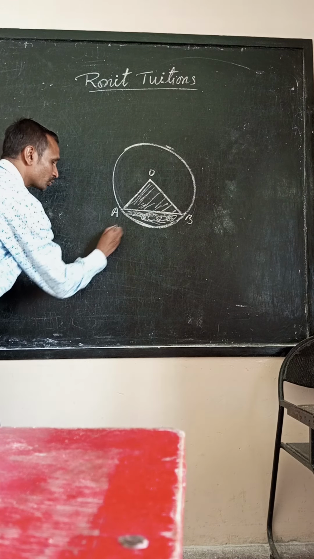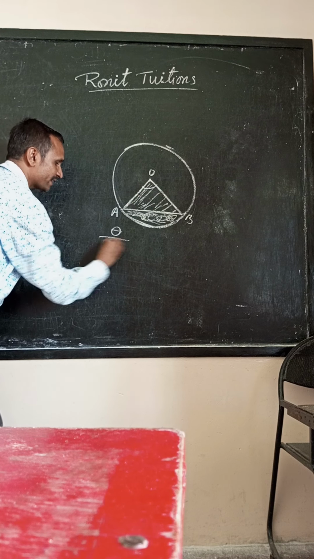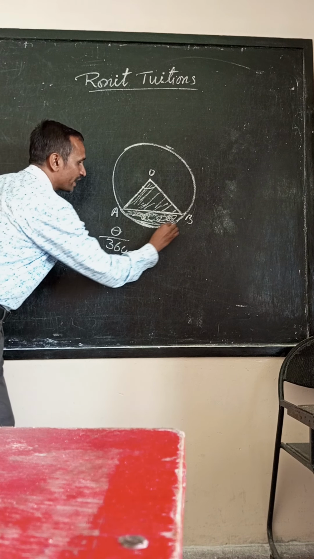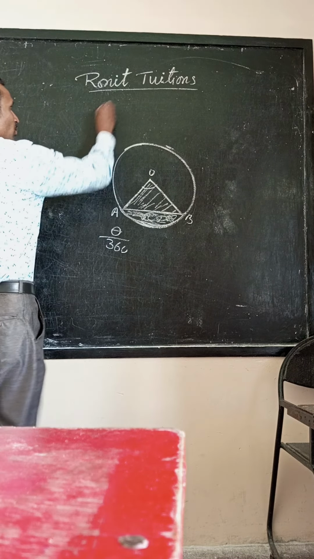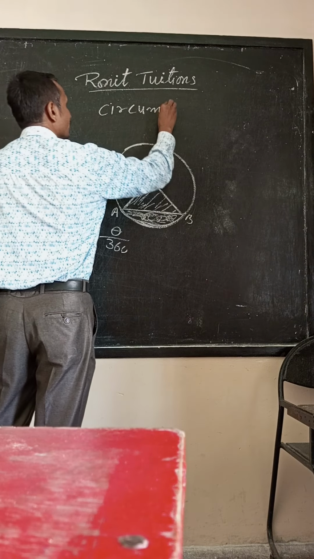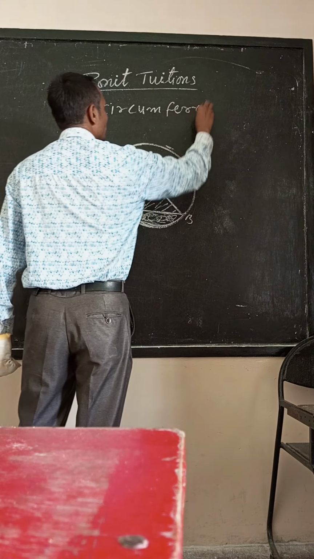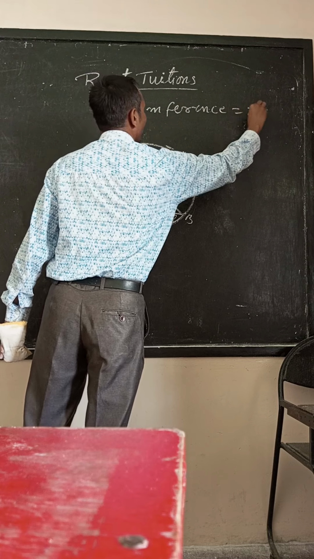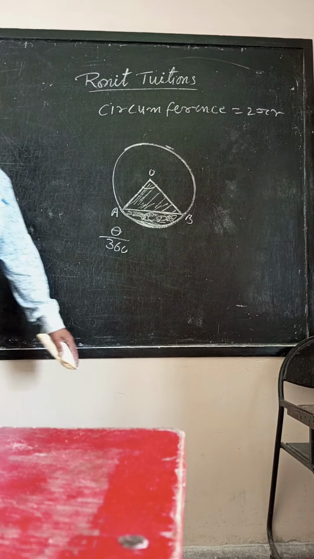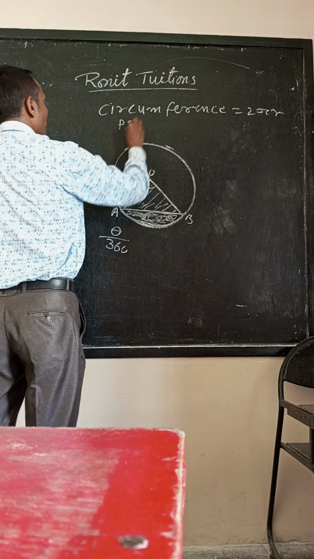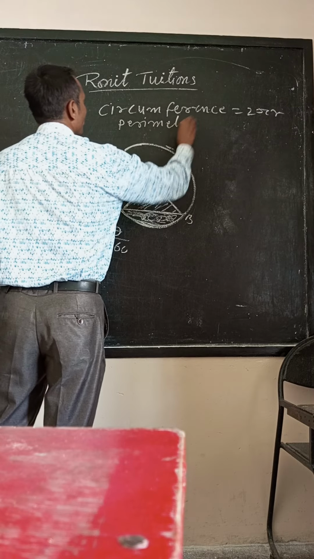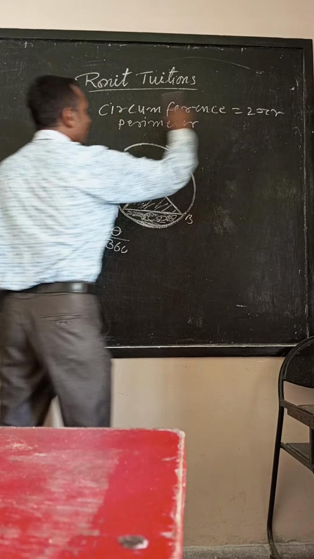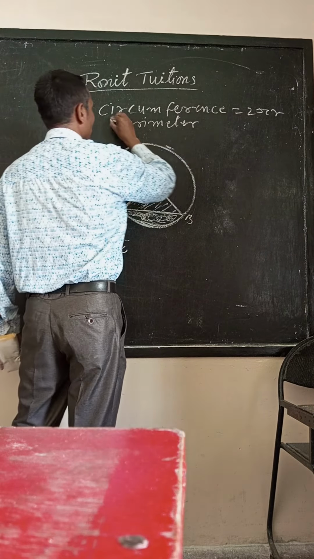To find the arc length, take theta by 360 of the circumference. The circumference of a circle is 2 pi r. Sometimes it is also called the perimeter. Don't be confused.